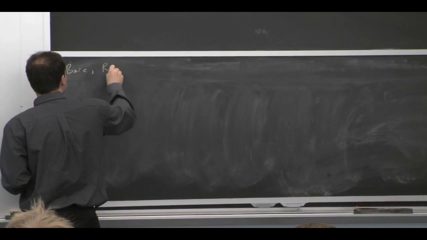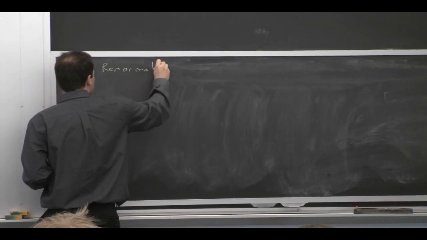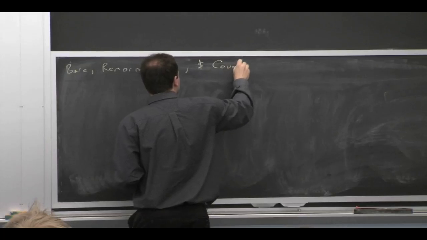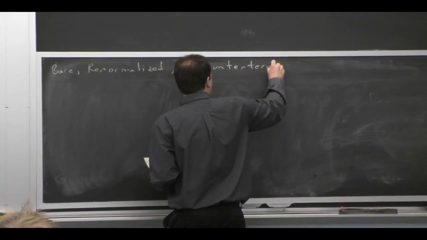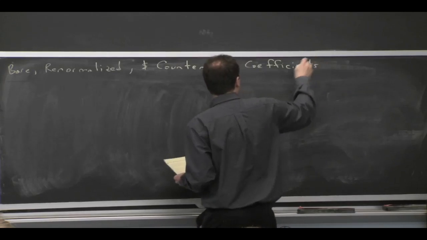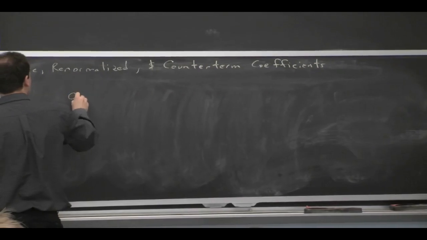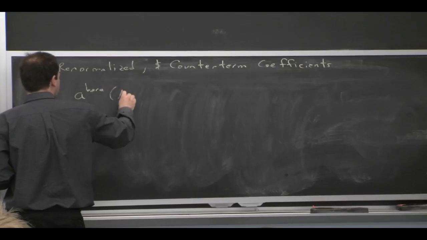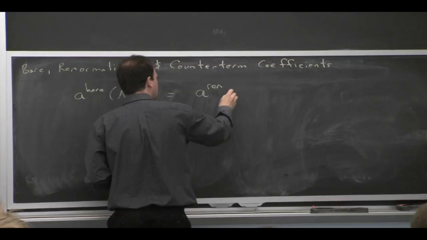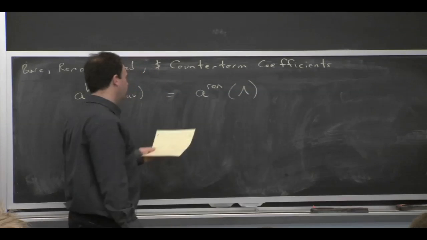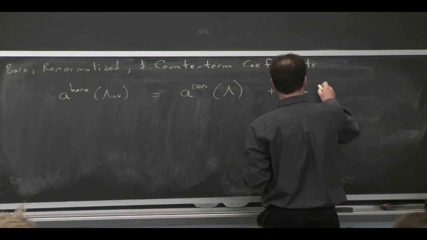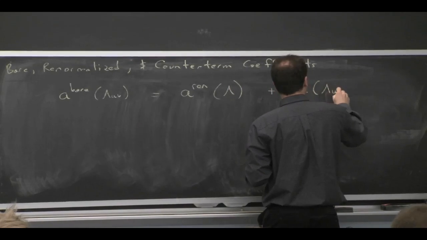So you can think about this just as far as the coefficients are concerned, as starting out with some bare coefficients that depend on your ultraviolet regulator, and switching to some renormalized coefficients which don't depend on the ultraviolet regulator but do depend on the scheme. And then also you have some counter terms that depend on both things.